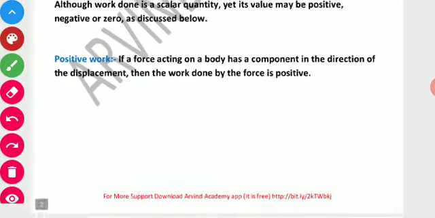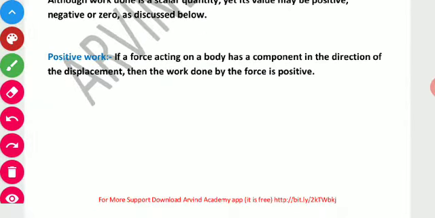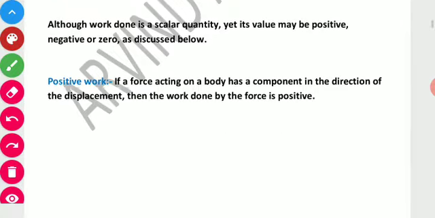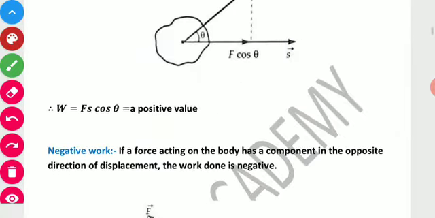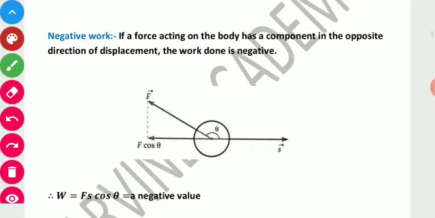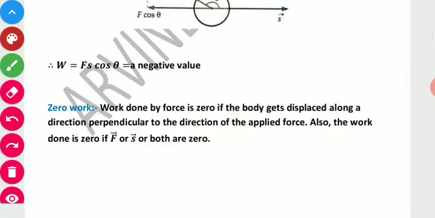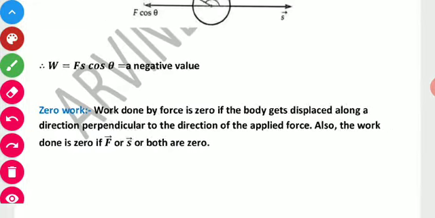Now also we have positive work. If force acting on a body has a component in the direction of displacement, the work done is positive. And if it is in the opposite direction, as shown in this figure, the displacement is in this direction but force is in this direction, then the work done is negative. And what is zero work done?